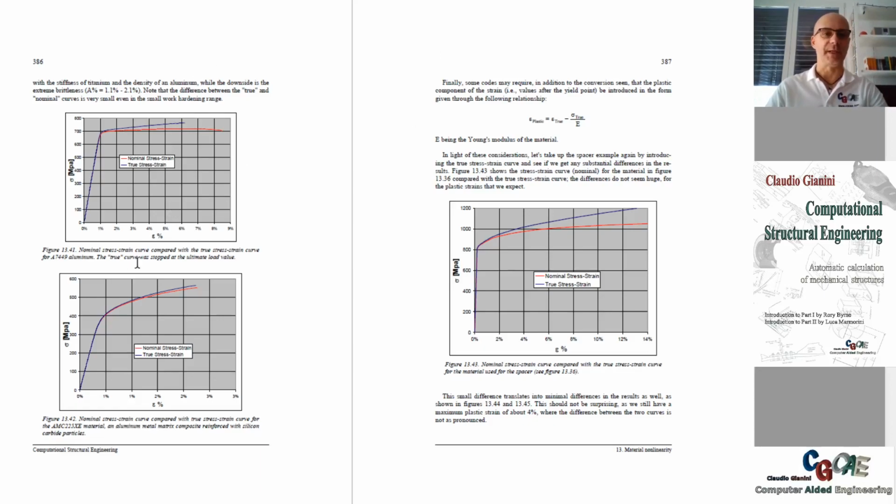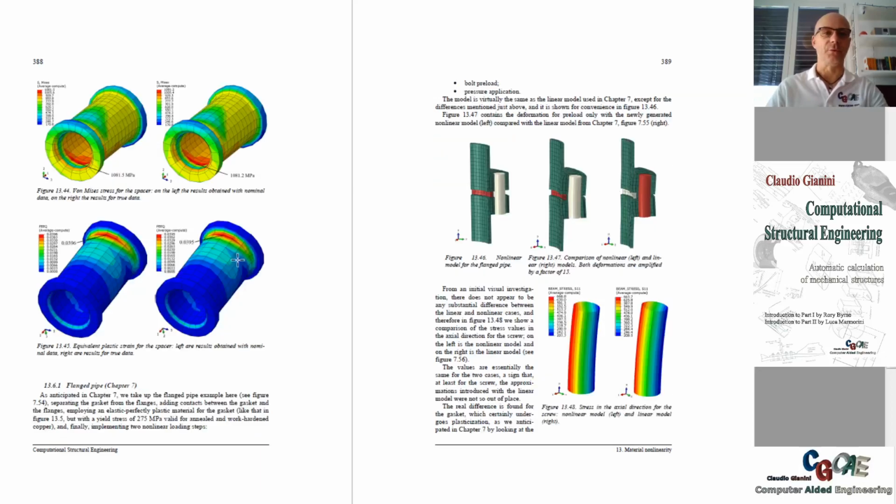So here it's explained how to pass from one to the other, and it is shown that for a ductile material the difference between true stress and true strain is bigger than for a fragile material. Therefore, for this example, we checked what is the difference between the two, and it's not so much.